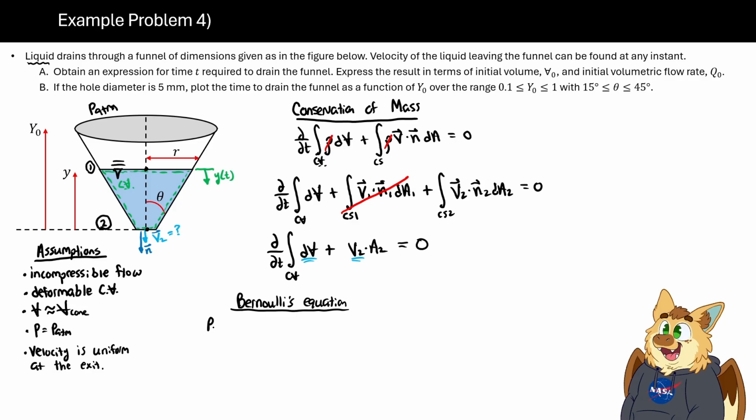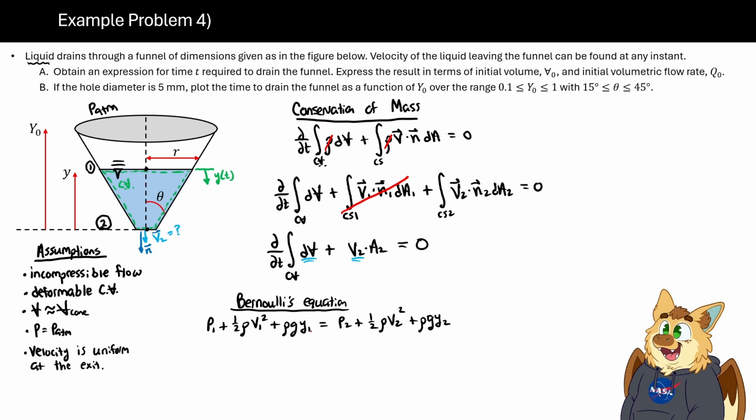So this will be P1 plus 1/2 rho V1 squared plus rho g y1 equals P2 plus 1/2 rho V2 squared plus rho g y2.